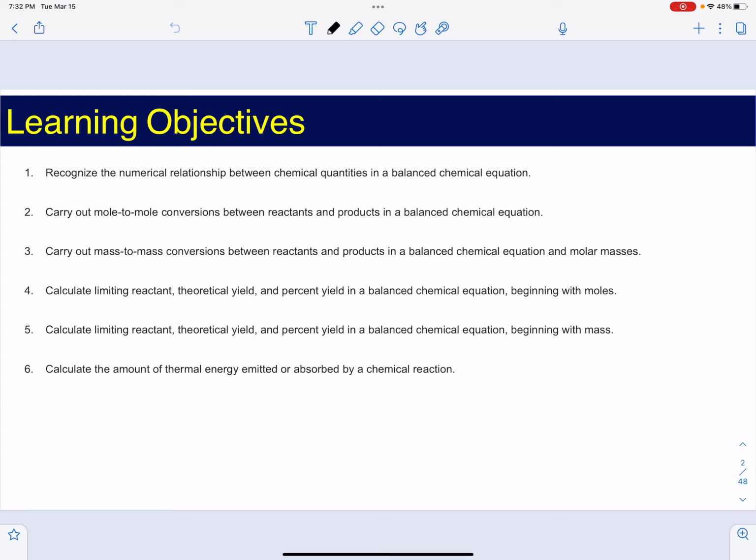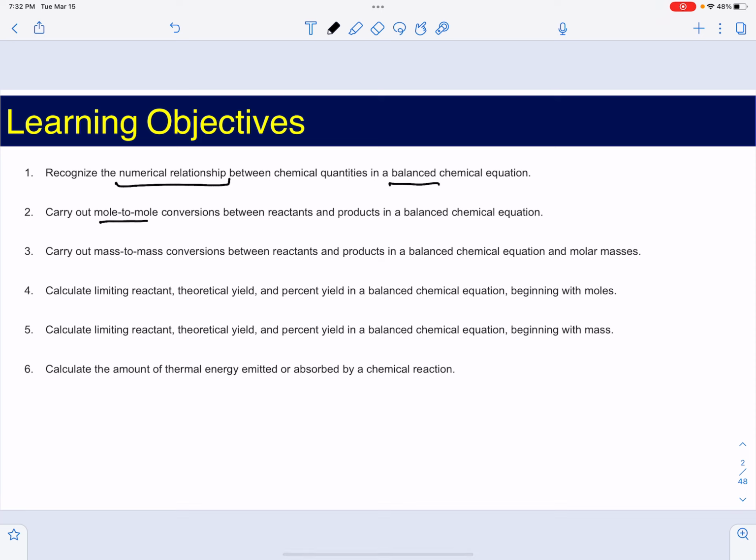So to understand that, here are the concepts that we need to study. We're going to look at a balance equation, and we're going to recognize the numerical relationship, which is nothing more than the conversion factor or the mole to mole ratio. And we will see what that is.